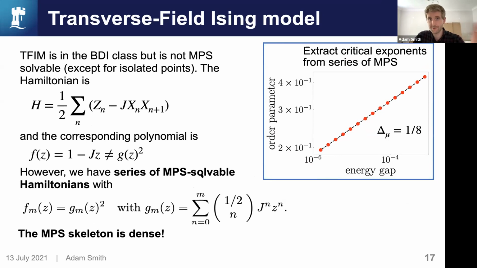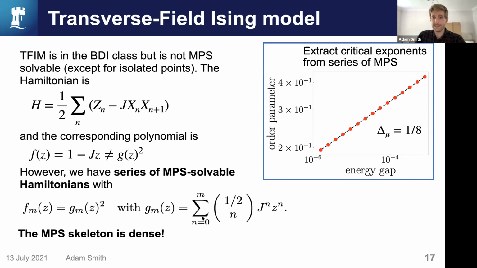So to illustrate this, let's consider the transverse field Ising model. The Hamiltonian looks like this, and the corresponding polynomial is not of the form where our result holds. So it's not the square of a polynomial. However, we can come up with a series of MPS-solvable Hamiltonians that have the transverse field Ising model as a limit.